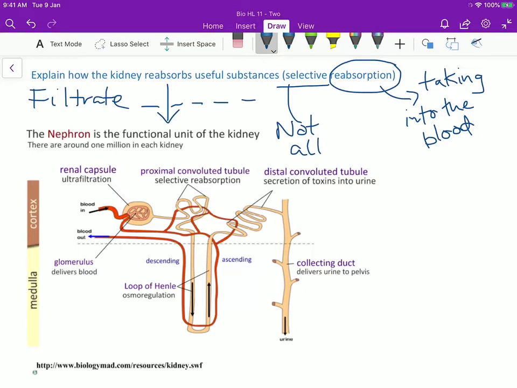So we created filtrate, which has got a lot of things in there that we want to take back into the blood.